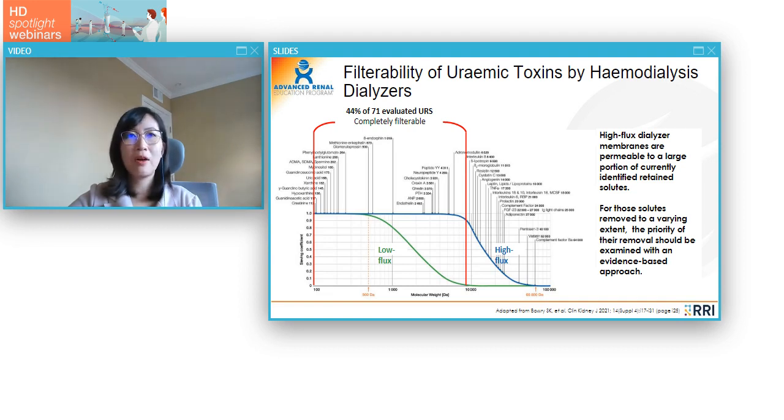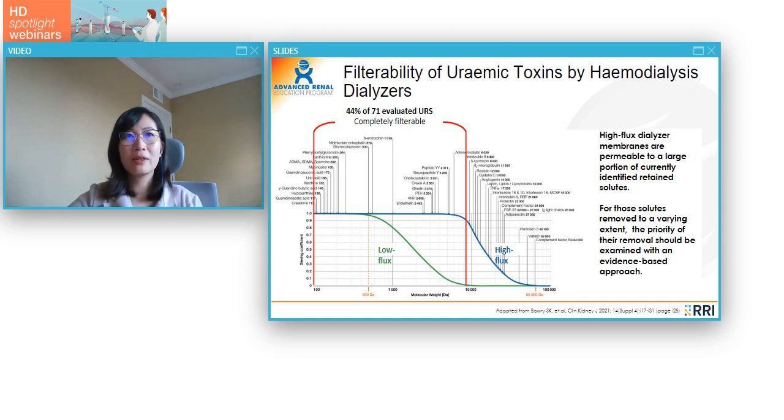So as you can see in this figure we published in the article, we compare the molecular weight of toxins that have been reviewed, and also compare them to the sieving coefficient on both low flux membrane and high flux membrane.